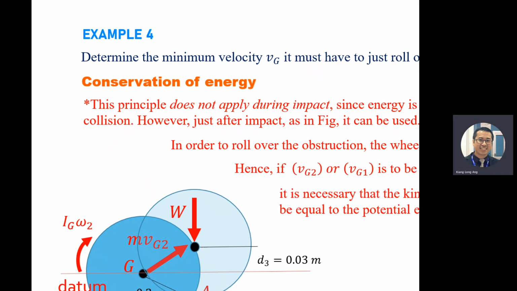Okay. So to go up A, the wheel must pass position A. So if VG2 or VG1 is to be minimum, it's necessary that the kinetic energy of the wheel at position 2 be equal to the potential energy at position 3. Right? So you need to consider the conservation of energy over here.